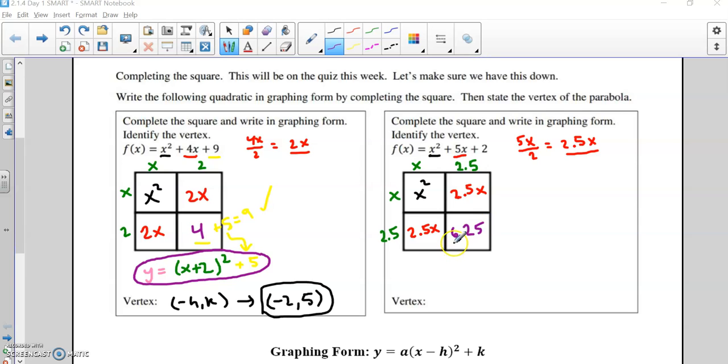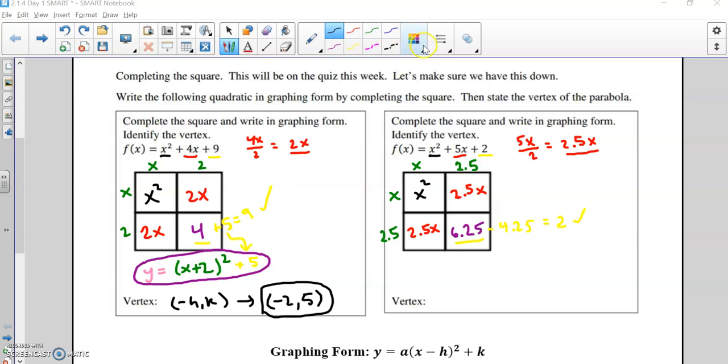Now we get to play that game where we need to know how to get from 6.25 to 2 with only addition or subtraction. So do some thinking and you realize, okay, I can do minus 4.25. That will get me the 2 that I'm looking for.